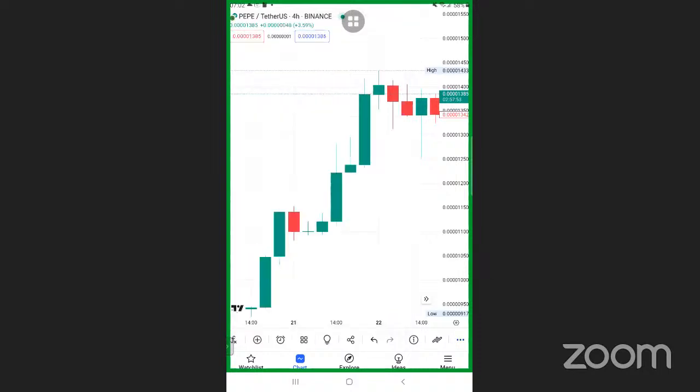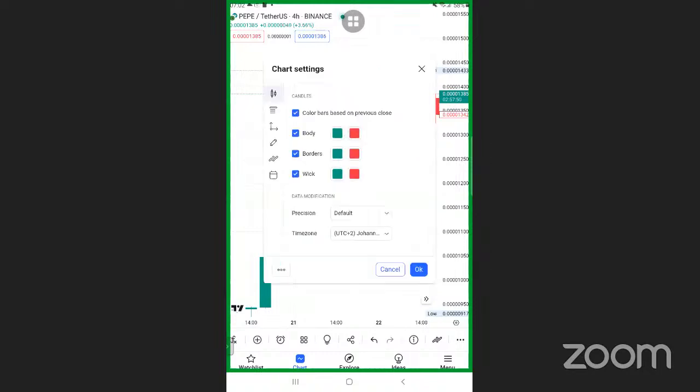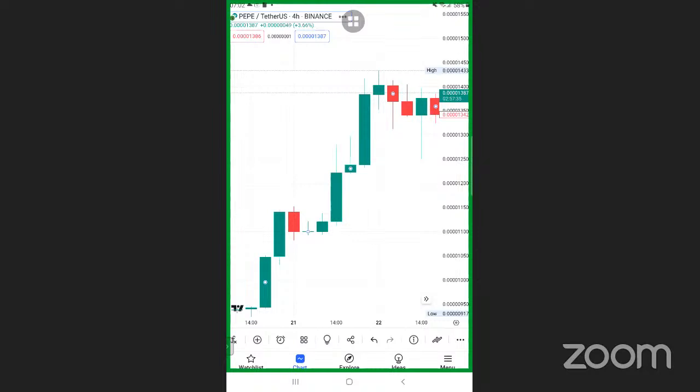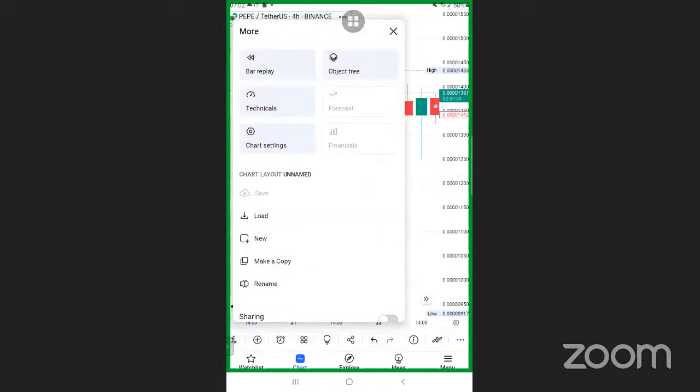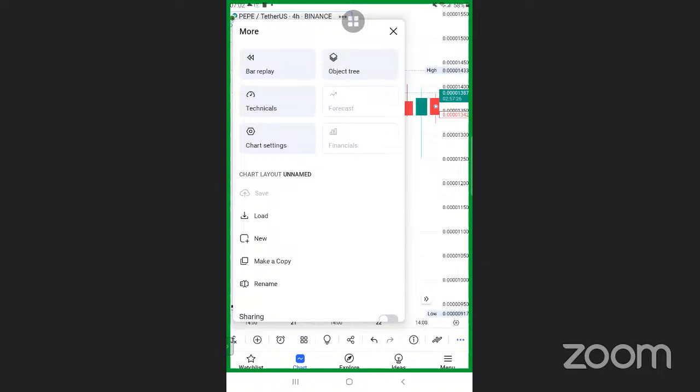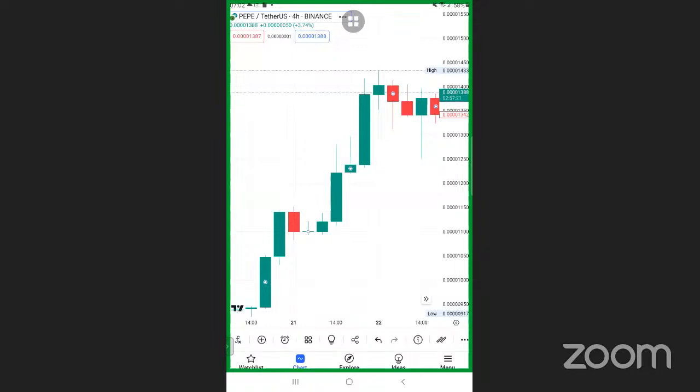So when I say candles, they bring more valuable information than bar charts. Okay, I think I'm at the wrong place. Let me tap here, on chart setting. Okay, let me change here.